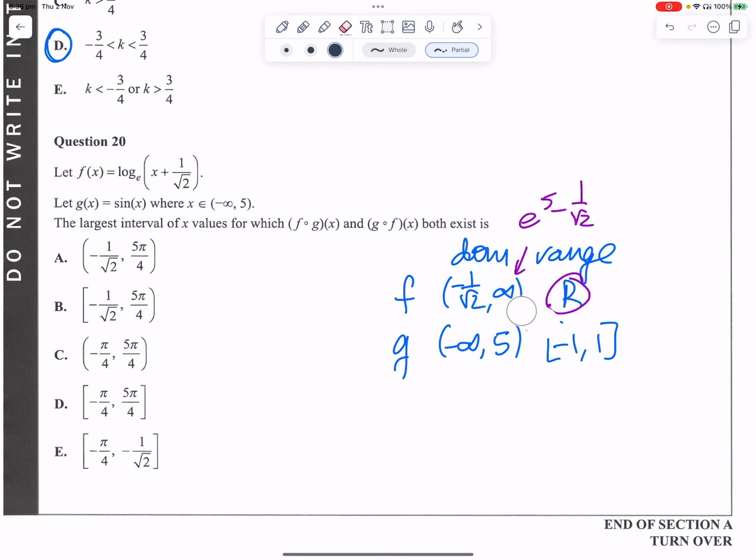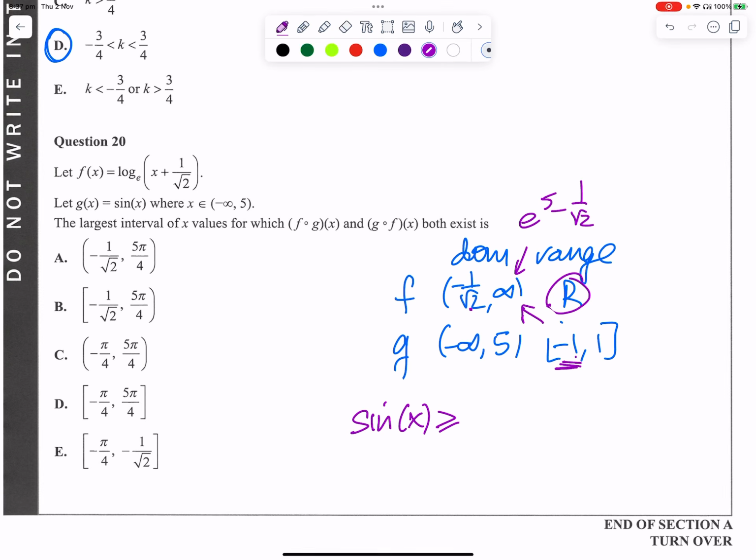This one here, for that to fit into there, we know that negative 1 doesn't fit into there. So we know sine x has to be greater than or equal to negative 1.